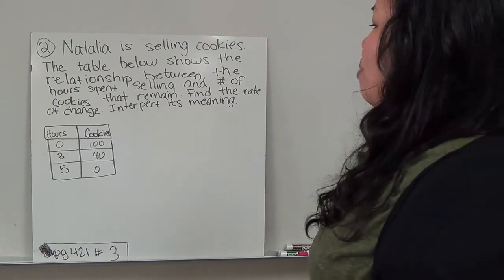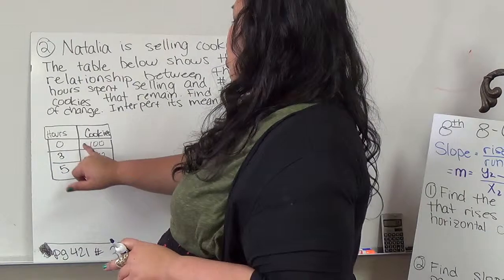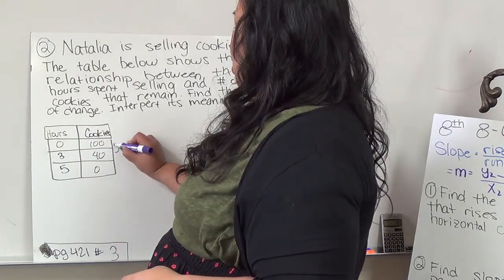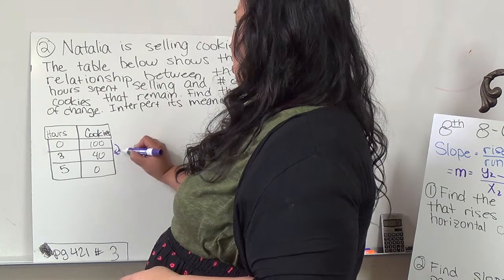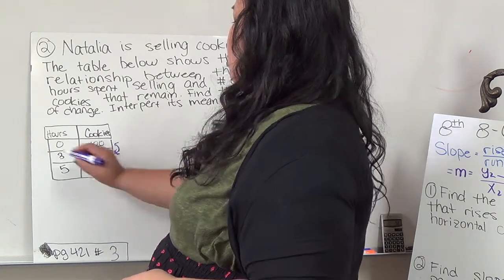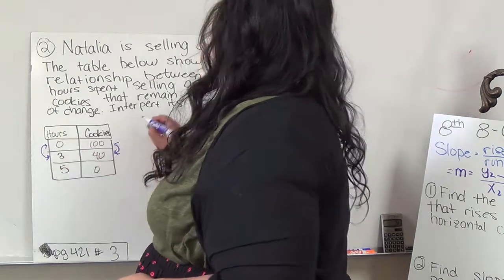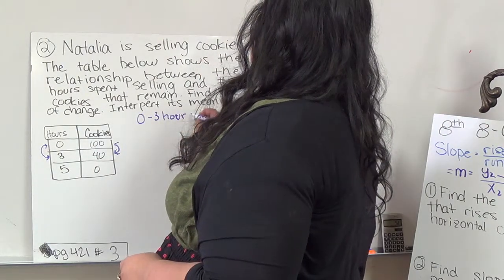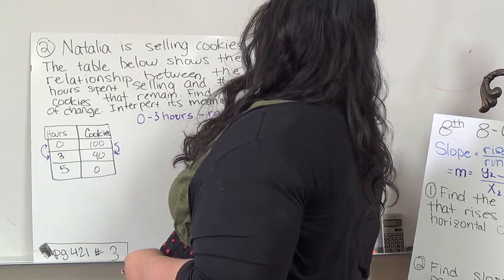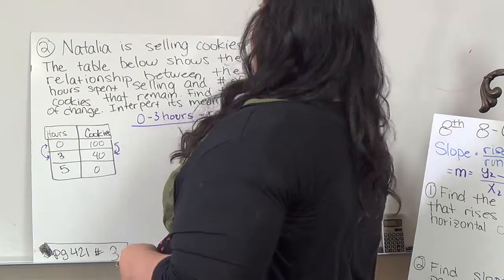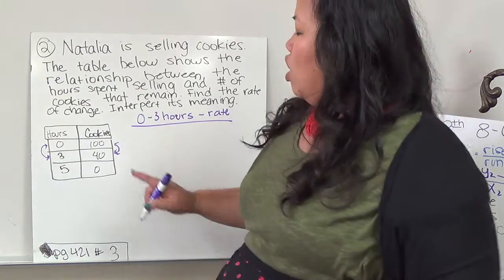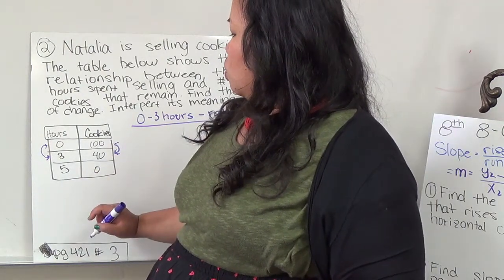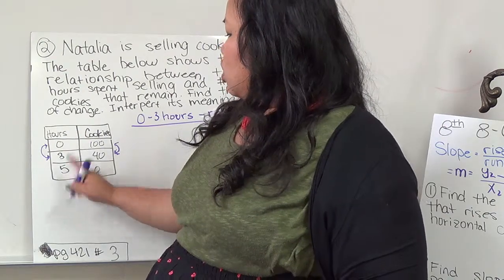So if I'm going to go from 0 hours, I'm going to focus first from here to here. What is the rate between 0 to 3 hours? I'm looking for the rate of 0 to 3 hours. So I know that my hours is the one that continues.